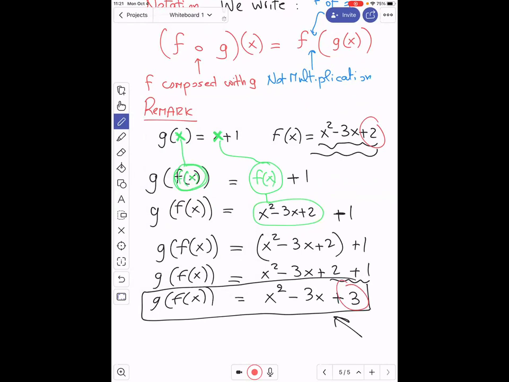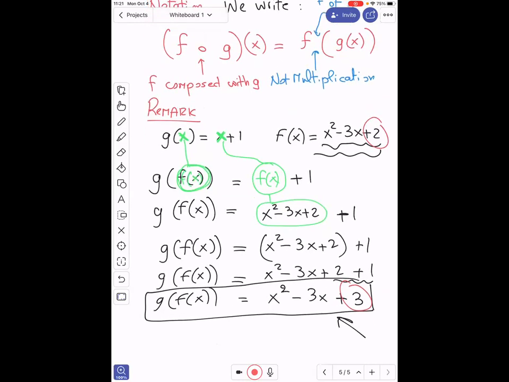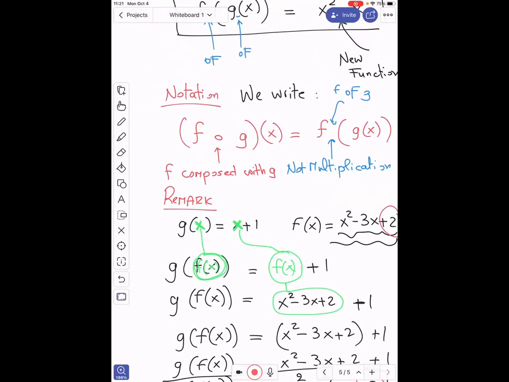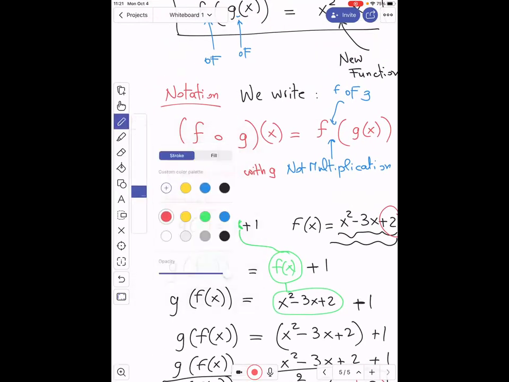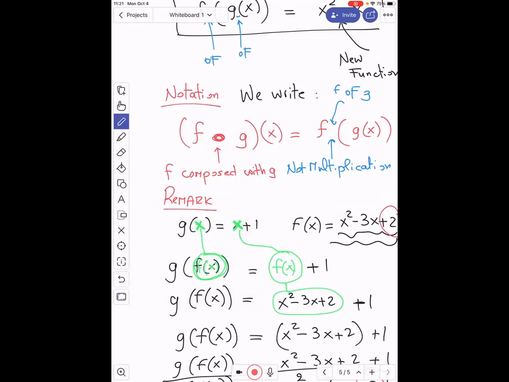So it's different from f. So just be careful, guys. With the notation here, when you see this circle, this is a composition of two functions. It's not multiplication, right?